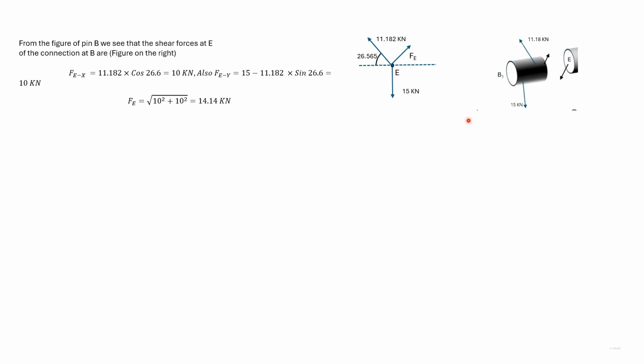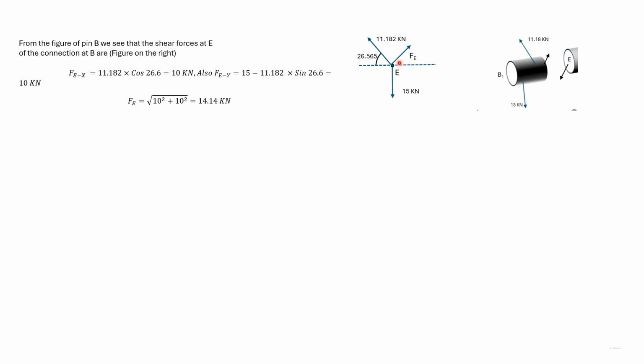This diagram shows the portion of the pin left of the section at E. There are two forces acting on the pin apart from the force in the section E. This is the diagram of the forces looking from the end. We can see that we can find out the force Fe by resolving forces.